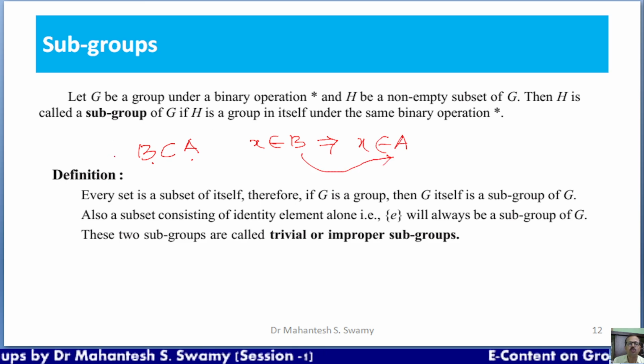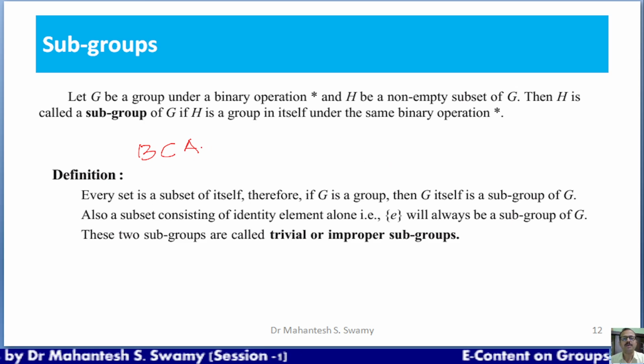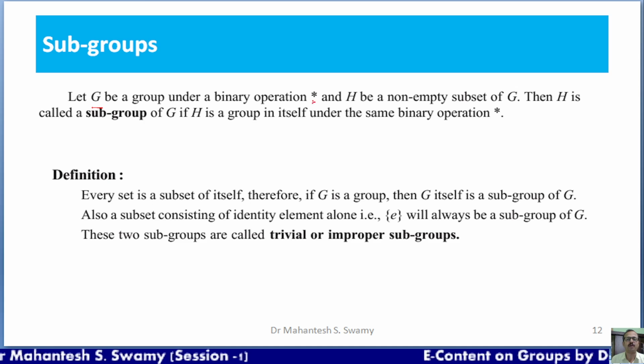Similarly, with a group, we can define the subgroup. So here G is a given group with respect to the binary operation star. Now H is any non-empty subset. See, it should be a non-empty subset. It should contain at least one element.